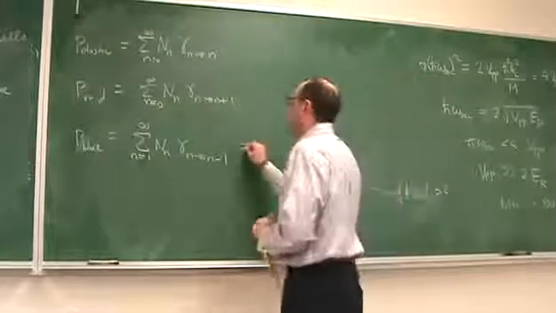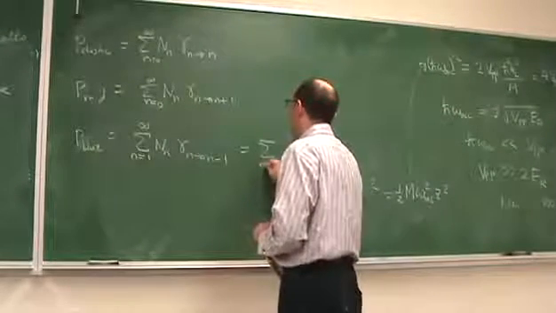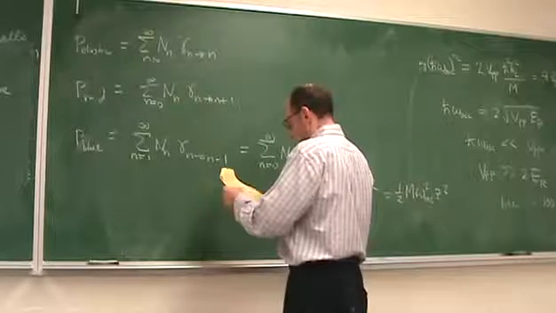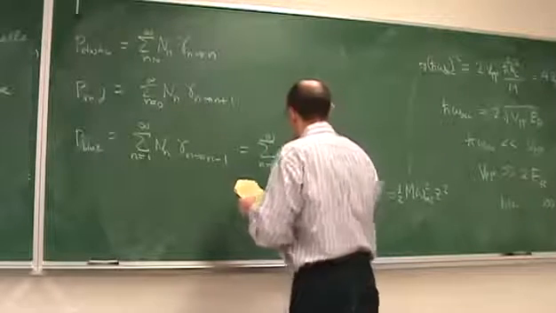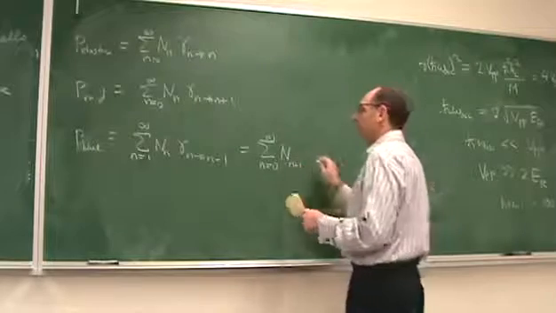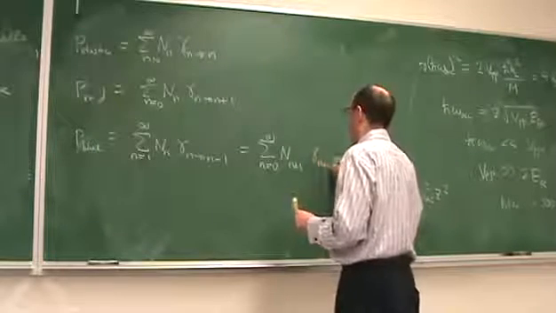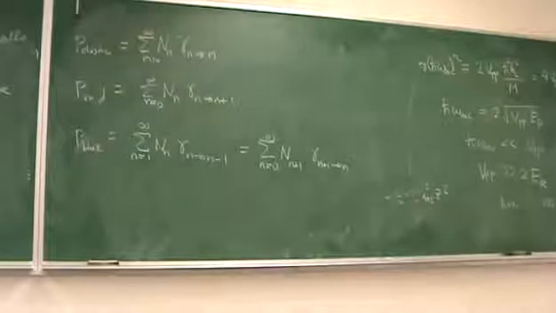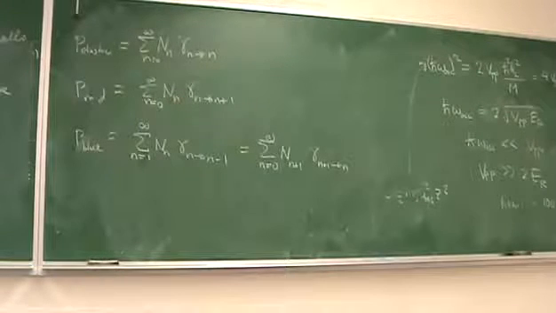Now I can restart this, relabel it, start it at n equals 0 and just increase the index by 1. Okay? That's just a relabel.